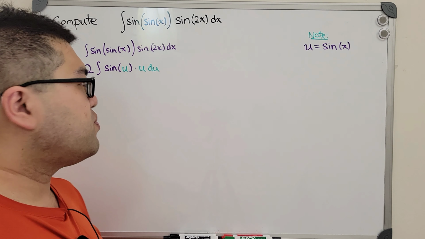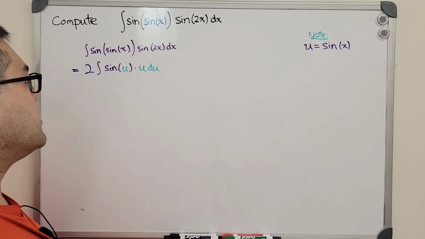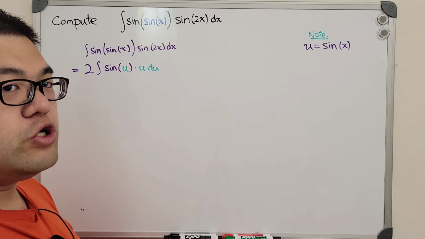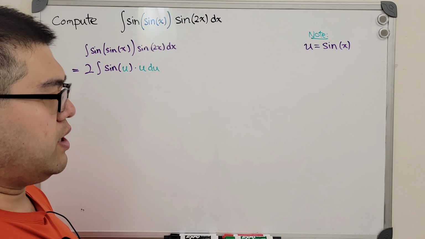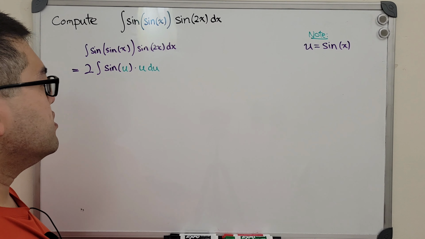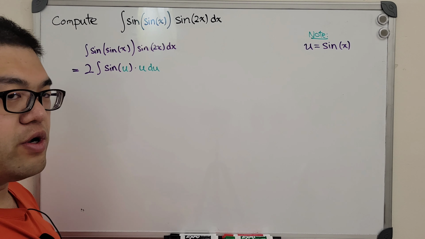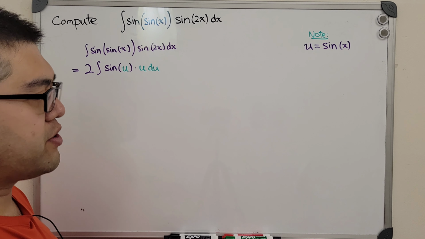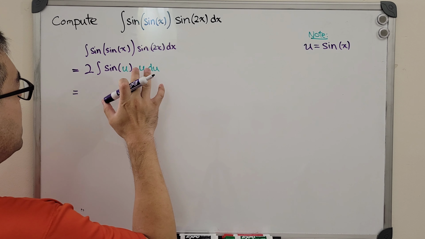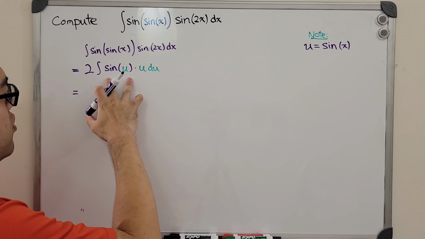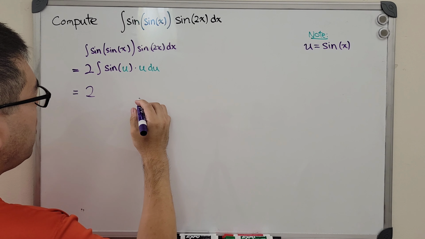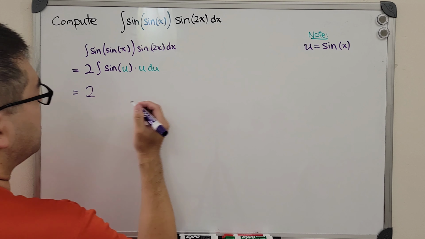Okay, so from the last board, we end up with the expression 2 times the antiderivative of sine of u times u du. Now we're going to use the DI method or the RIP method to help us simplify this expression. So we need to decide which one we're going to take the derivative of and which one we're going to take the integral of. We're going to take the integral of sine of u, which is going to be negative cosine of u.